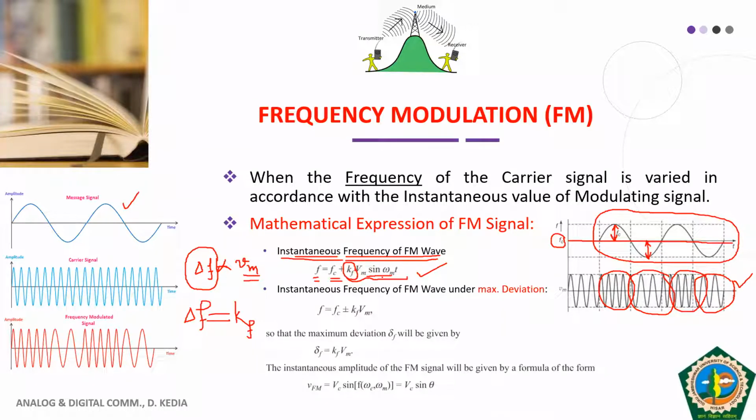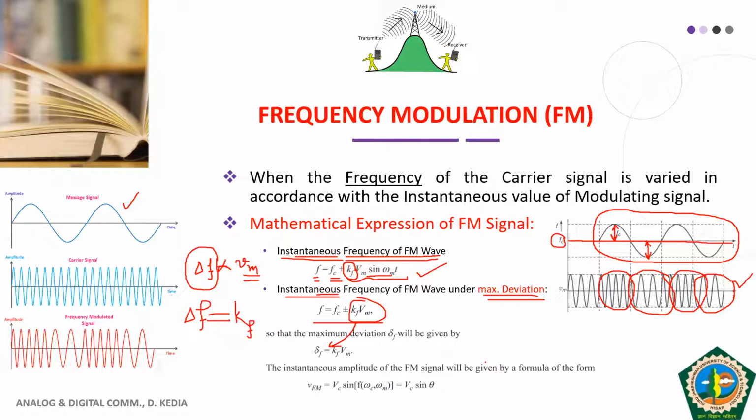And we know that the maximum value of a sine wave is plus 1 or minus 1. So if you put this value, you get f is equal to fc plus or minus Kf into Vm, taking the sine as 1. We call this the instantaneous frequency for maximum deviation. And your maximum deviation is how much? Kf Vm. So this is our maximum deviation of the carrier frequency.